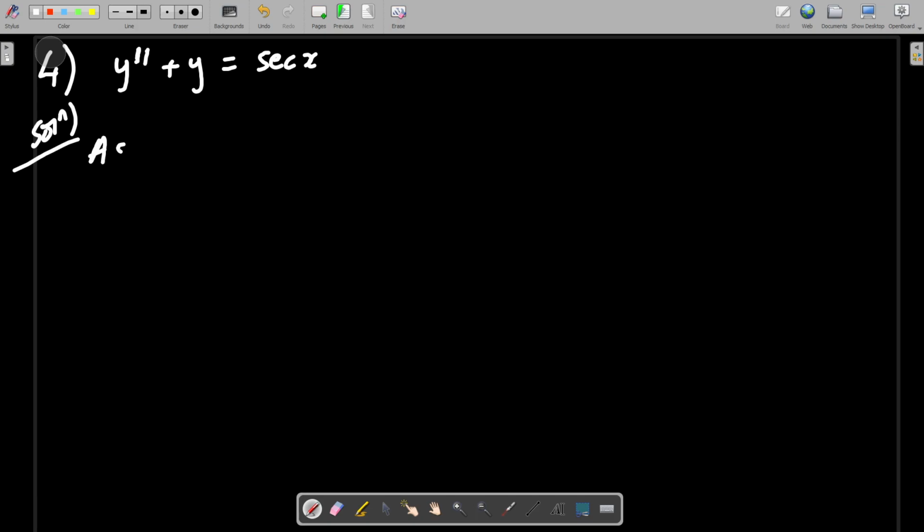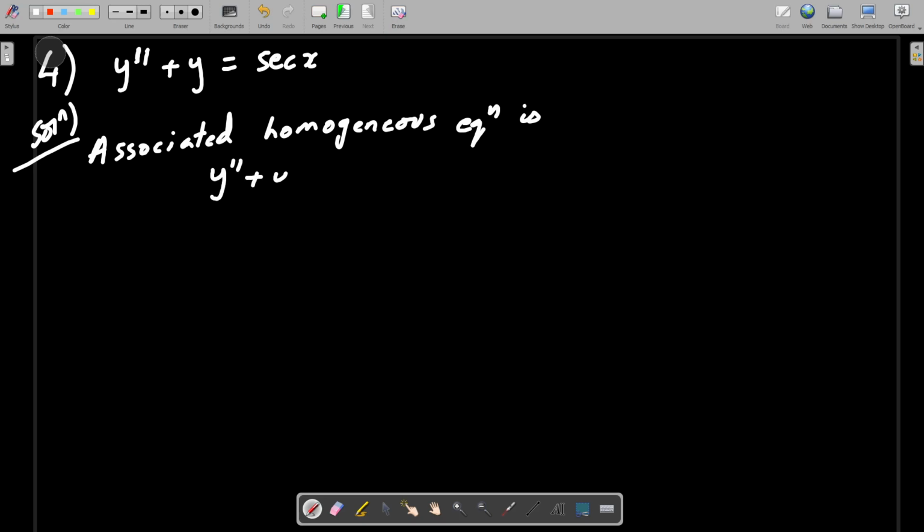The associated homogeneous equation is y double prime plus y equals 0, and the auxiliary equation will leave you with roots as i and minus i.